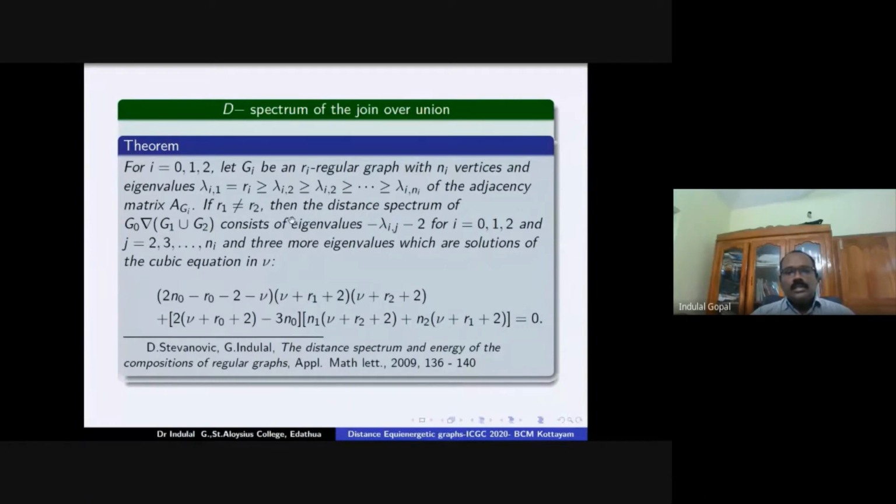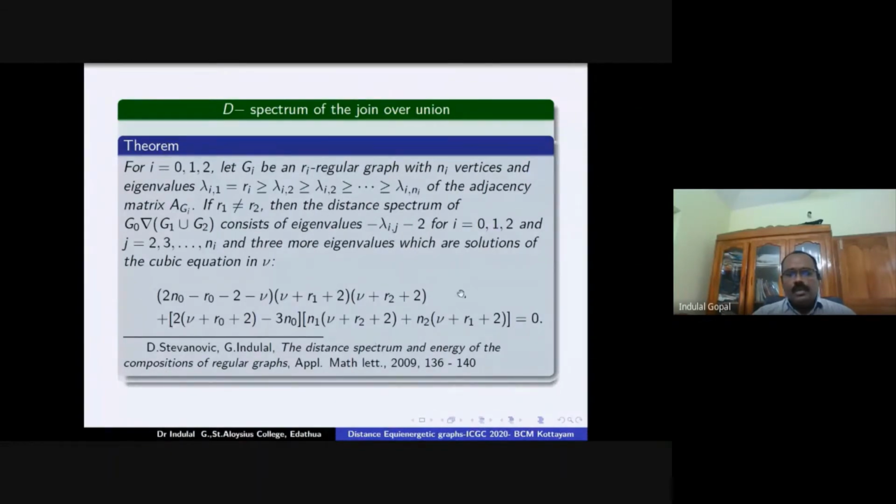Then the distance spectrum of the new operation, the join over union, is given by -lambda_ij - 2, where lambda_ij are the adjacency eigenvalues of Gi different from their regularity, and three more eigenvalues which are the roots of this cubic equation.